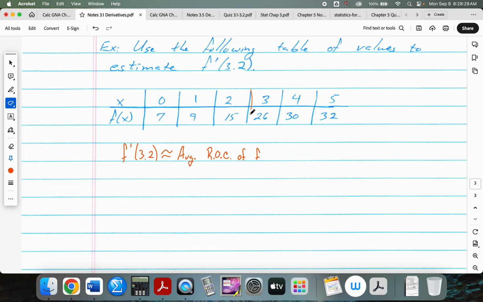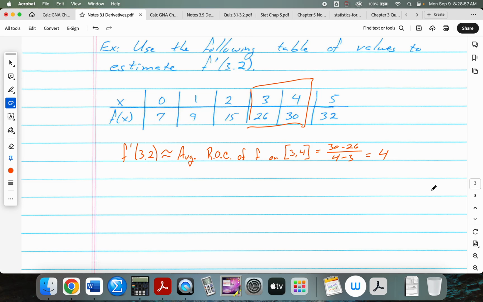So I'm going to use this interval. I'm going to say on the closed interval from 3 to 4, that's equal to 30 minus 26 over 4 minus 3, which is 4.